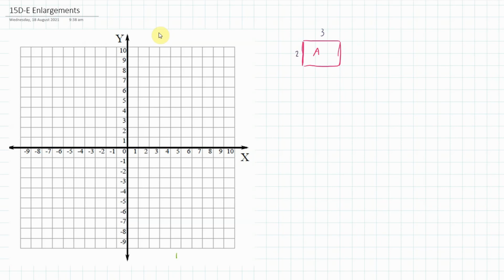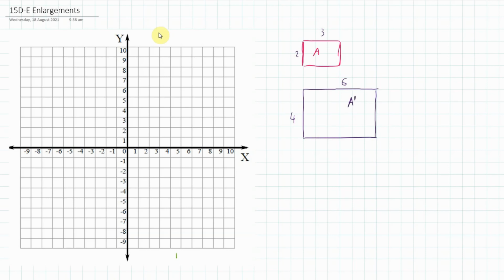So if we're enlarging by a scale factor of 2, the side that is length 2 now becomes 4, and the side that is 3 now becomes 6. So the lengths and widths are twice as long. Okay, we'll call this A dash.